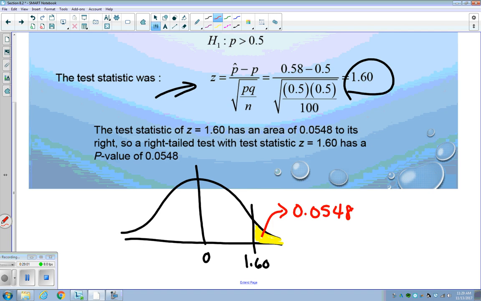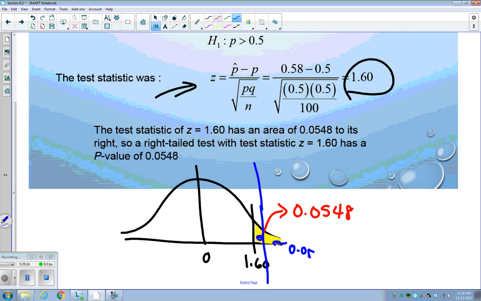Now, if I'm testing at 0.05, I would fail, correct? Why? Because if I was at an alpha of 0.05, my critical value would be here, but this falls in here, doesn't it?